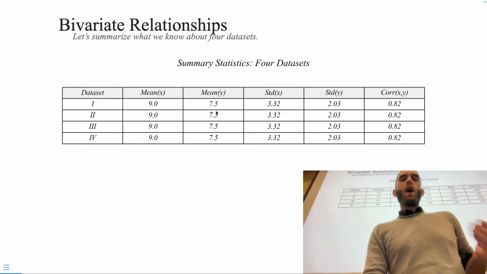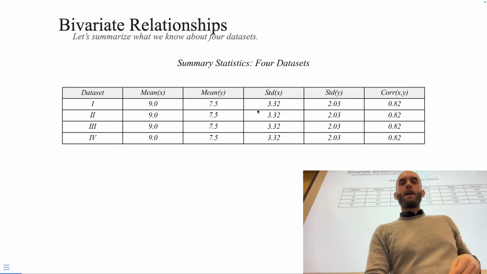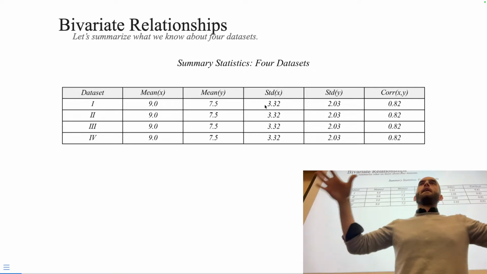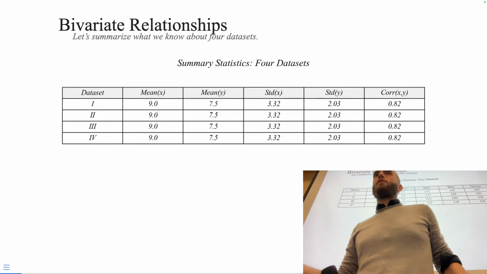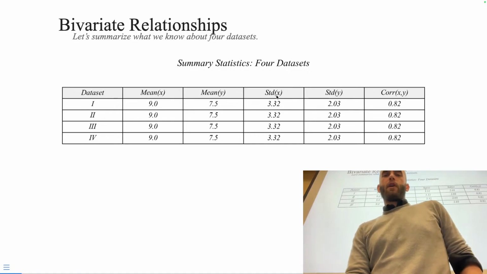The mean of y, so our second variable in data set 1 is 7.5. And then I have the standard deviation, the sort of average variability for both x and y. So I have a standard deviation of 3.32 in the first data set for x.